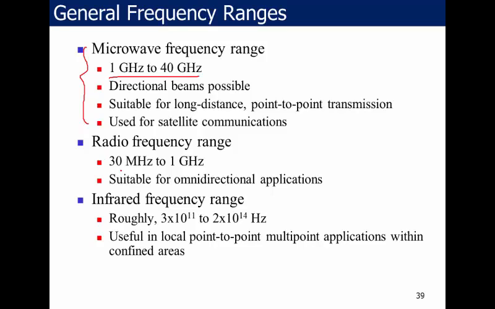Radio frequency is a little lower than microwave: 30 megahertz to 1 gigahertz. So radio frequencies. Our cell phones and Wi-Fi are mixed in somewhere here. We call that 2.4 gigahertz.